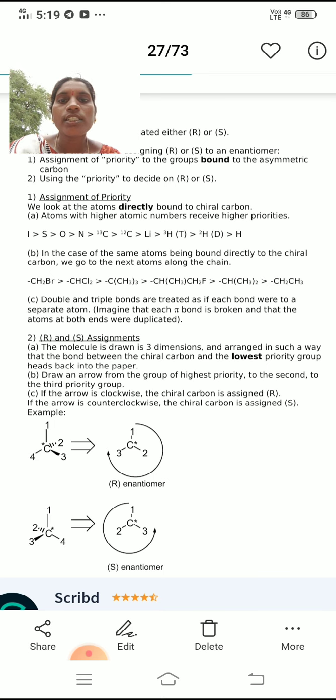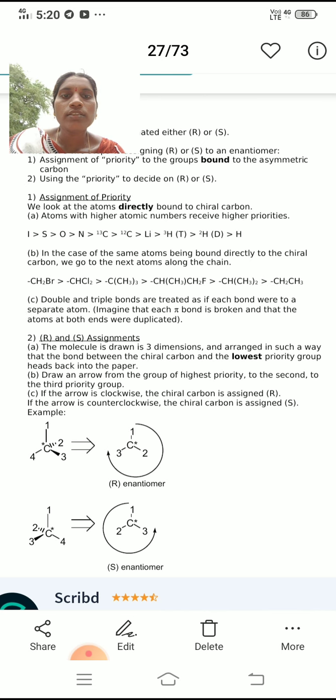The next rule is that double bonds and triple bonds are treated as if each bond were to a separate atom. Imagine that each pi bond is broken and the atoms at both ends are duplicated.